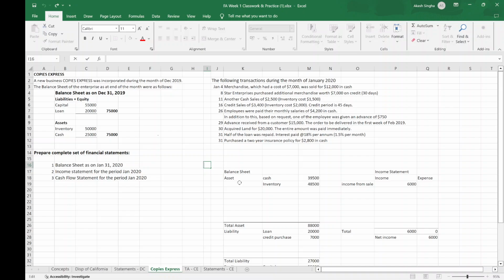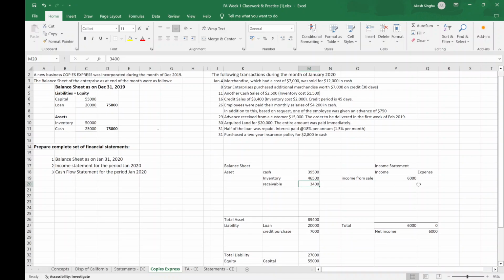And credit sales of 3,400. Inventory cost of it was 2,000, and the 1,400 was again income.